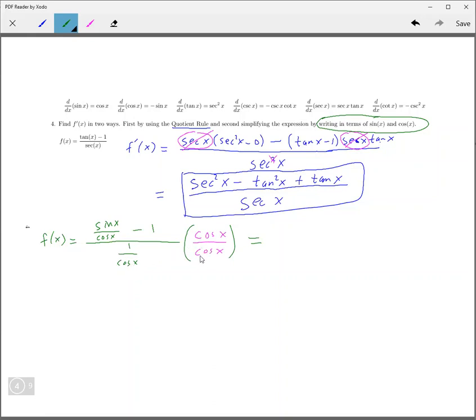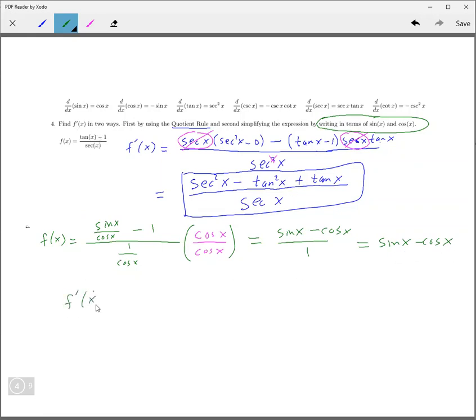Okay, then this times this is just 1. Up in the numerator, you've got cosine times this, that's just going to be sine x. And then cosine times 1, that's minus cosine x. So you have sine x minus cosine x. So all this simplified to sine x minus cosine x.